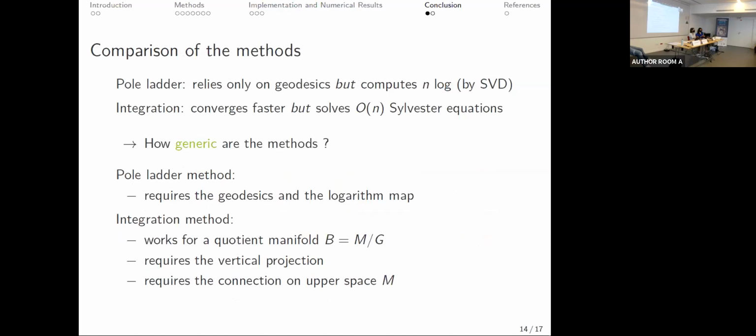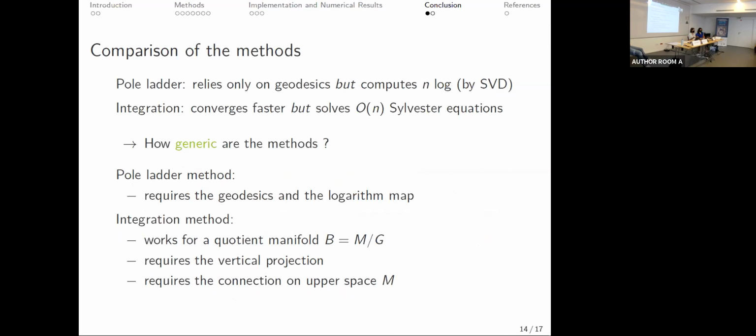But there is another interesting question, which is how generic the methods are, and what happens if you want to generalize the methods to more generic spaces. On Kendall shape spaces, pole ladder converges with order 2, so integration is faster.